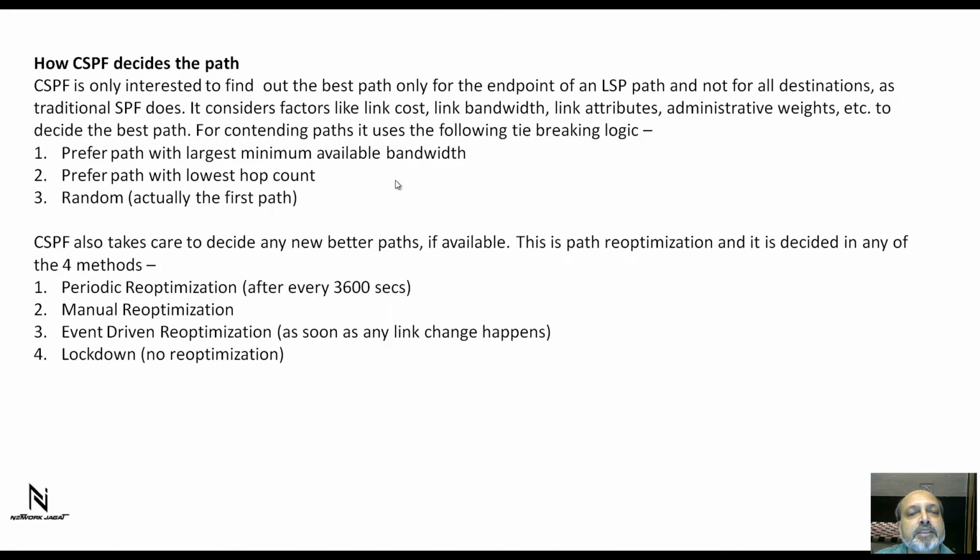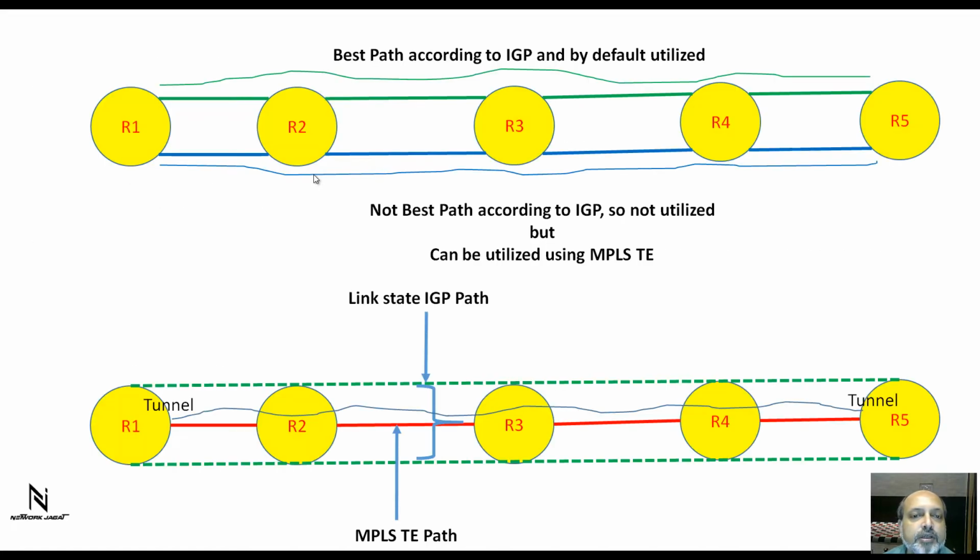Then if all the paths have the same minimum available bandwidth, once again a tie-break needs to be done. In that case, it prefers the path with the lowest hop count. Suppose this green path and blue path both have the highest minimum bandwidth of say 50 Mbps, so it cannot differentiate between them.